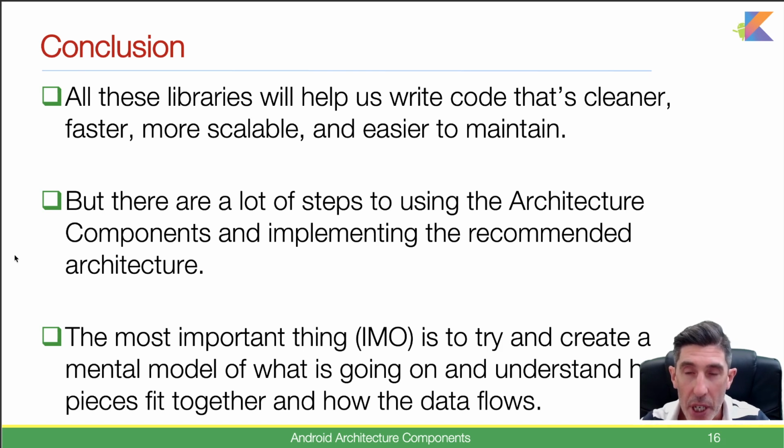Rather than just diving in and trying to use all these different components, you're much better off taking a step back, hopefully choosing the correct design pattern that you want to apply, and then looking at what the architecture components can give you, what those different components do and will allow you to do, and then deciding which components you need to use.